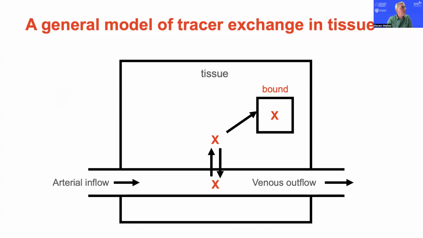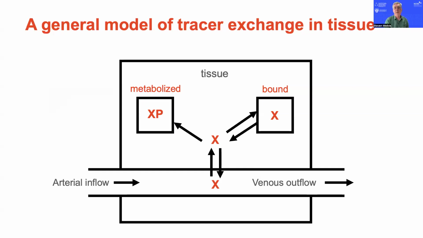It could become bound to a protein in the extracellular space, or it could become bound to a receptor that's on the cell surface or even inside the cell. So we'll just represent that by this box that says our tracer is now bound to some protein. And that could also be a reversible process, so it can become unbound and become free again.